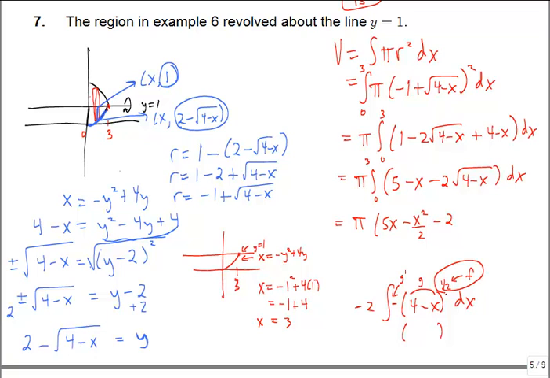And the integral of a 1/2 is a 3/2 with a 2/3 out front, and the 4 minus x stays put, and then we had that negative 2 out front as well. So this is going to become negative 4/3 times 4 minus x to the 3 halves. So that's what the antiderivative is going to be right here.